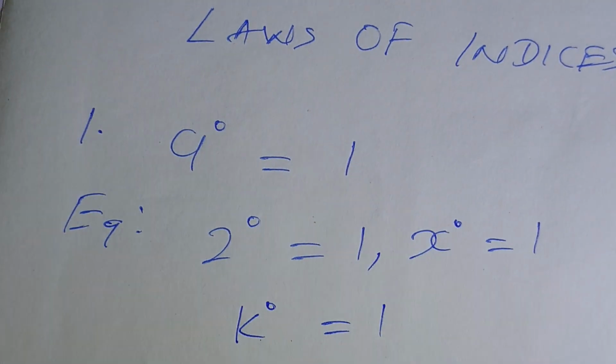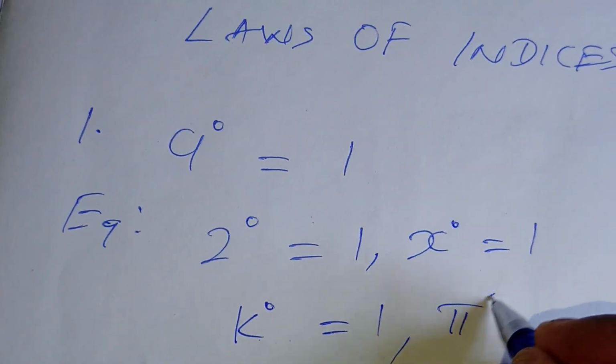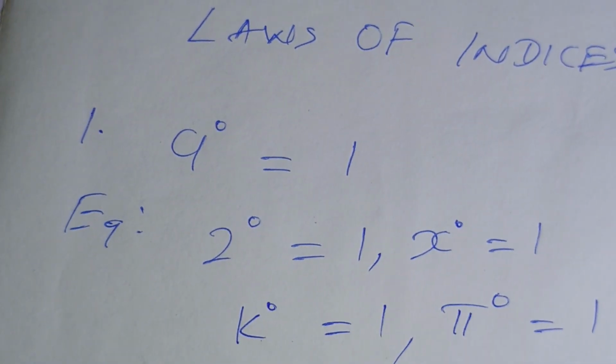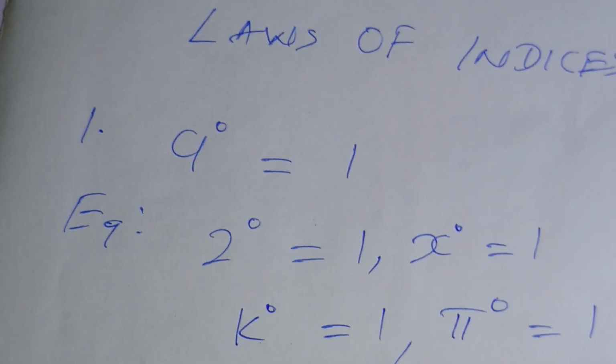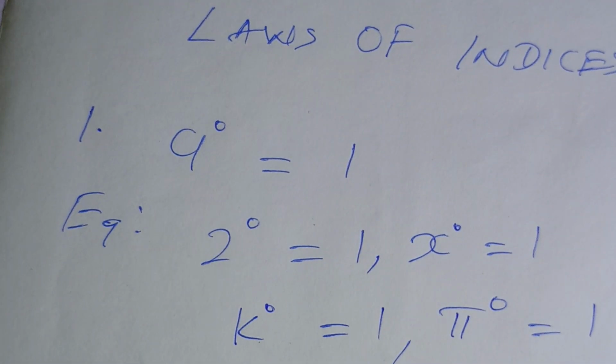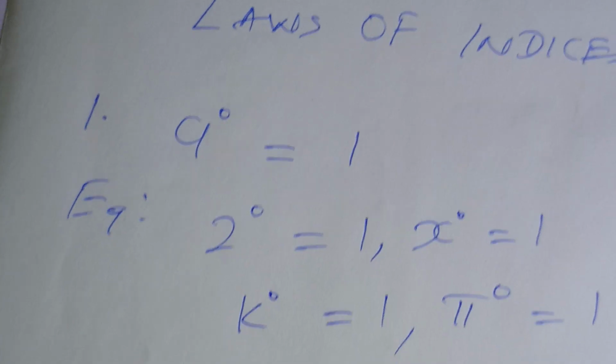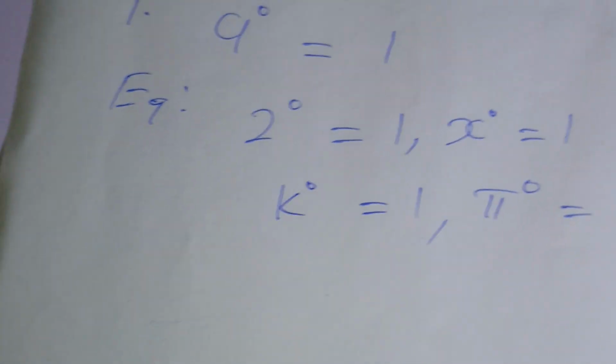Like the mathematical symbol that we have, if I have pi raised to power 0, that's 1. Yes, pi is a value. Pi is 22/7. So all raised to power 0 is still 1. So the first law of indices states that whatsoever raised to power 0 is 1. Anything whatsoever, so far as it's raised to power 0, the whole thing becomes 1. That's the first law of indices.